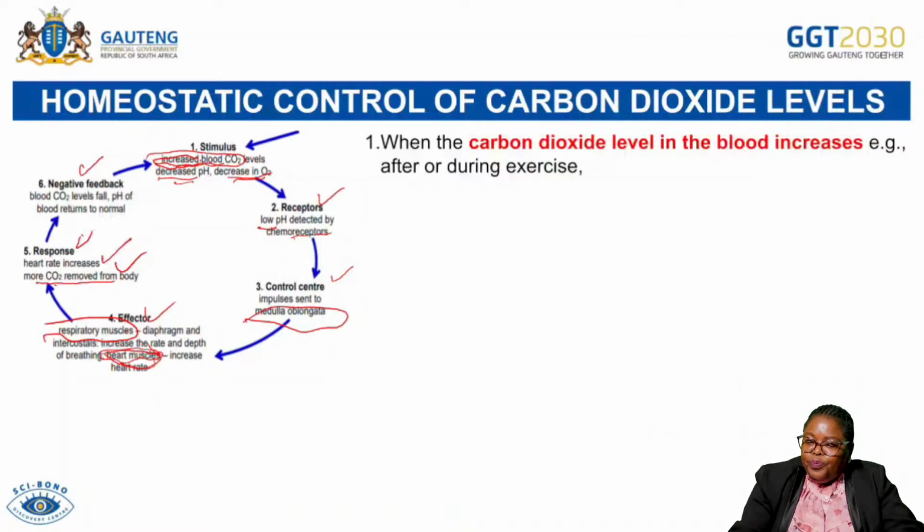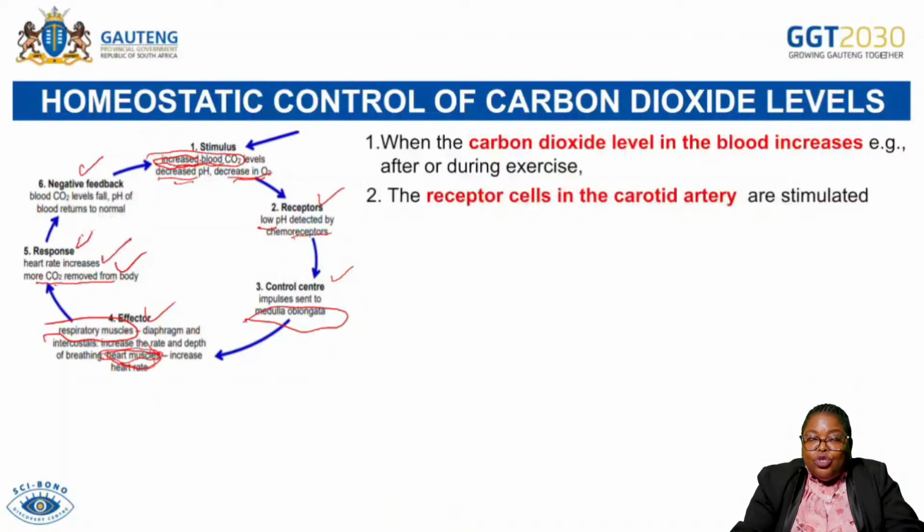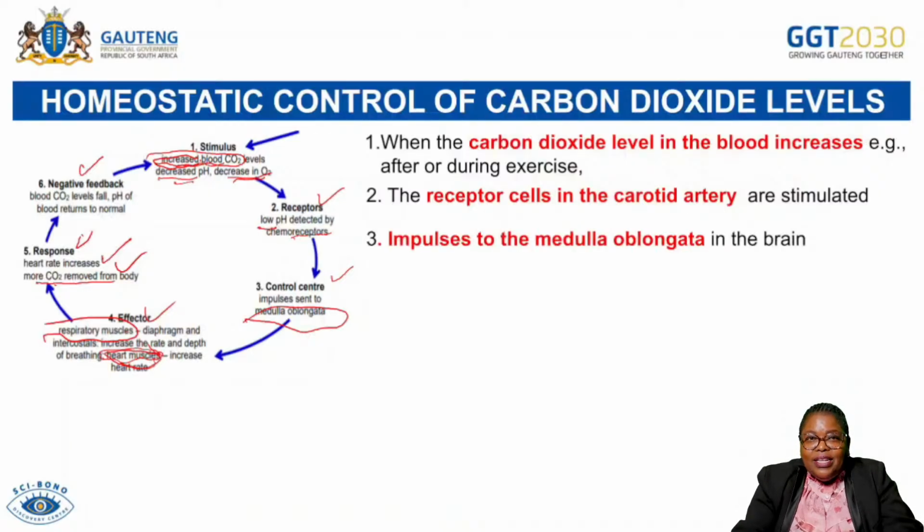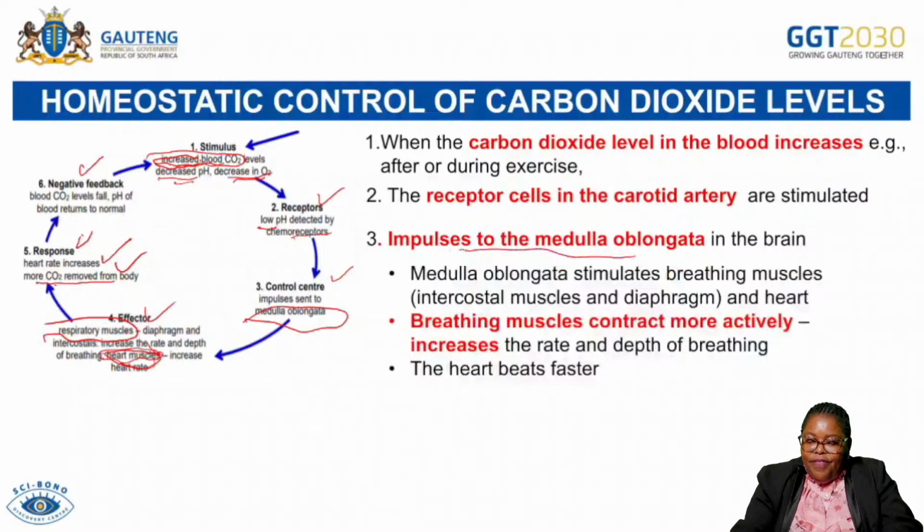So in summary, for the control of carbon dioxide in the blood, the carbon dioxide level in the blood is going to increase. The receptor cells in the carotid artery are going to be stimulated, and then impulses are going to be sent to the medulla oblongata in the brain. Then the breathing muscles are going to contract more actively, increasing the rate and depth of breathing.